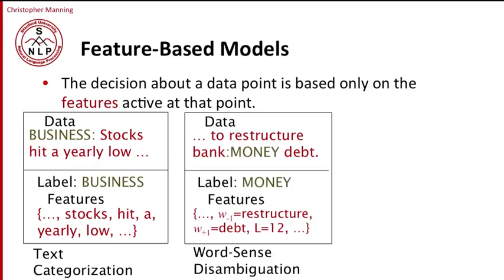Word sense disambiguation is the task of determining the senses of words in context. For example, whether usage of the word bank is referring to the bank of a river or to the financial institution. In making a classifier that decides senses of words, in practice it comes out kind of like a text categorization example where we regard the context of the word as a little mini document around the word.